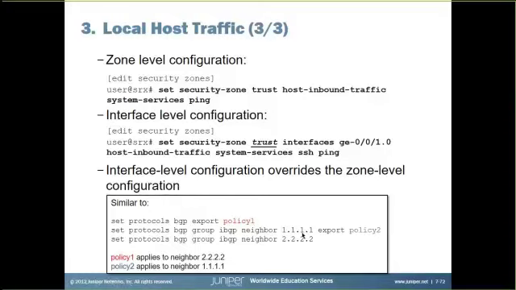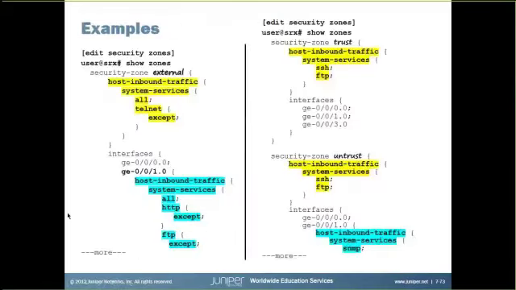Here are some examples. The first one is under the security zone external, I have host-inbound-traffic, system services all, but then I say system services telnet except. So I will be accepting everything but telnet in this security zone. Now, I have two interfaces associated with that security zone. ge-0/0/0 doesn't have any host-inbound-traffic command, so this interface is going to be using this.